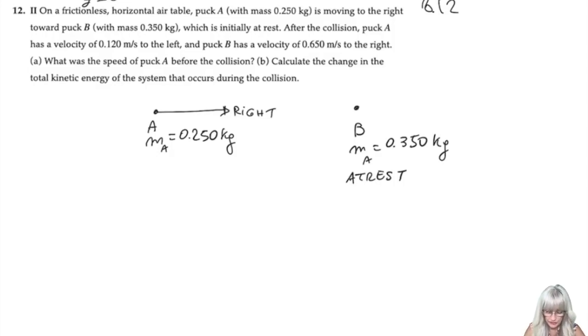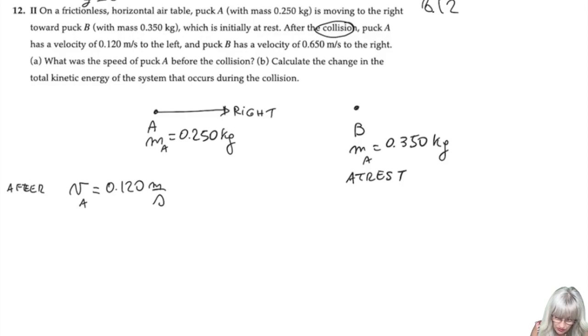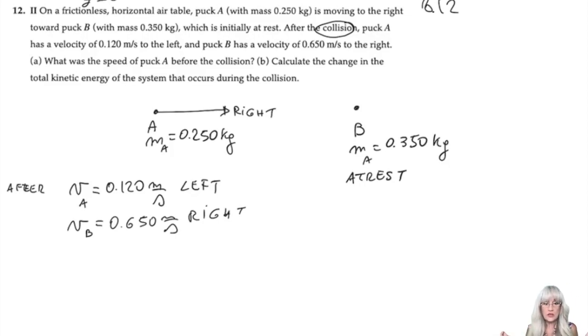There is a collision. After the collision, the velocity of puck A is to the left, and the velocity of puck B is to the right. So imagine this is B, A is moving toward B, and then they move back out.